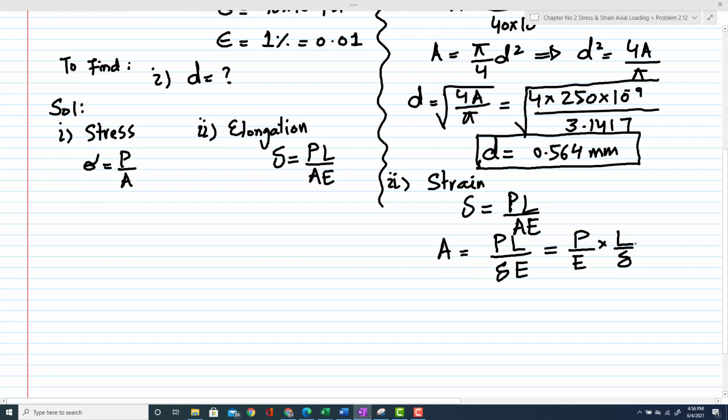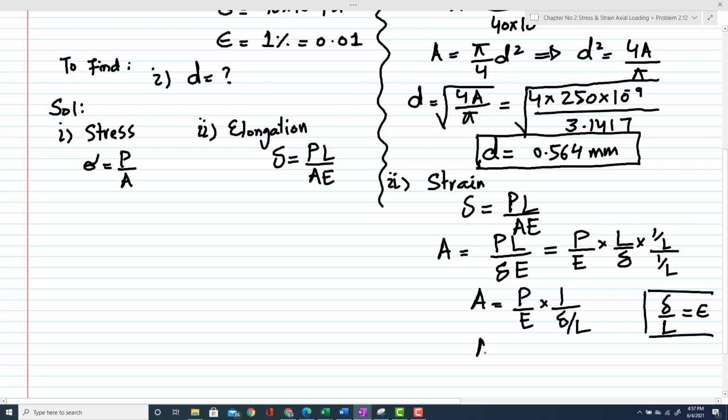If I multiply 1 over L on both sides, I will get area equal to P over E, times 1 over change in length divided by original length, which is actually the strain.